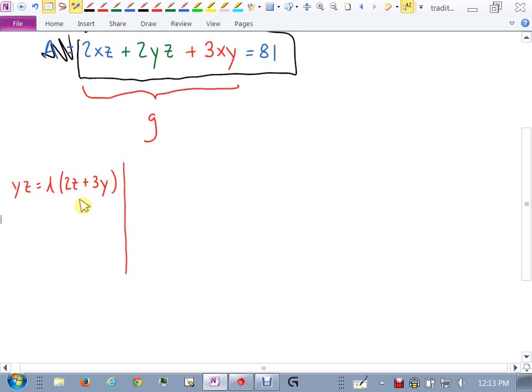And then the next one will be XZ equals lambda 2Z. That's it? Oh no, 2X. I'm doing it with Y. Yeah. 2Z plus 3X.